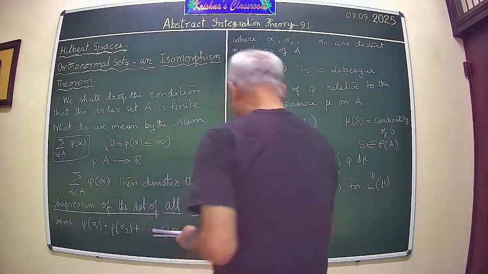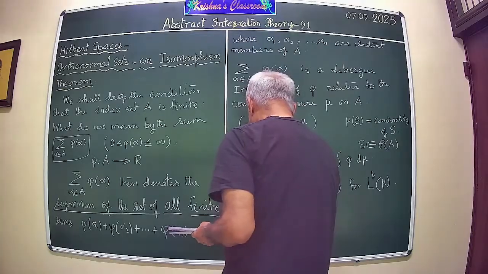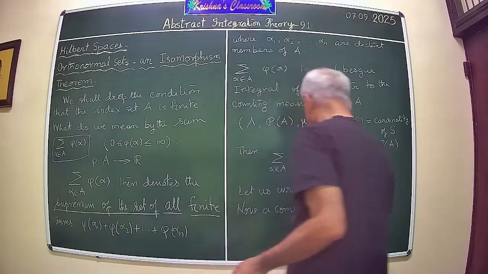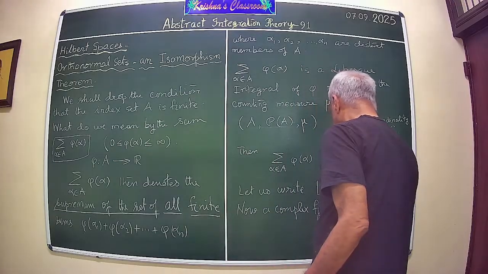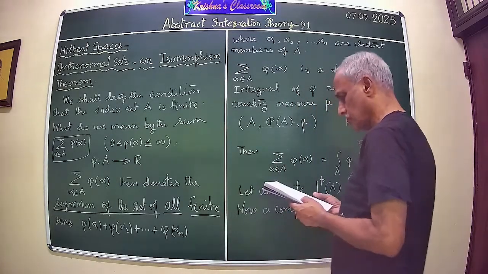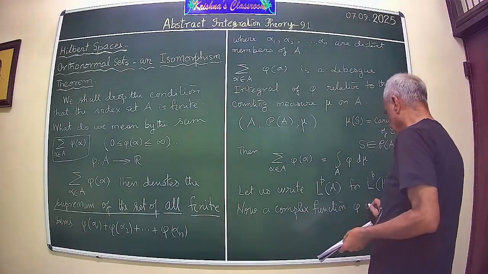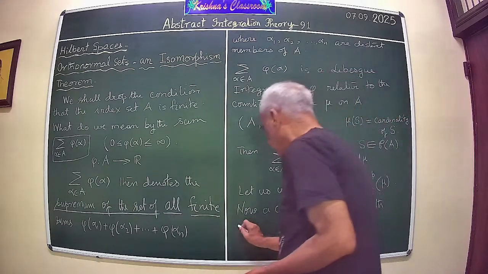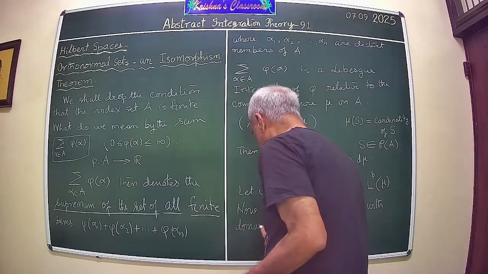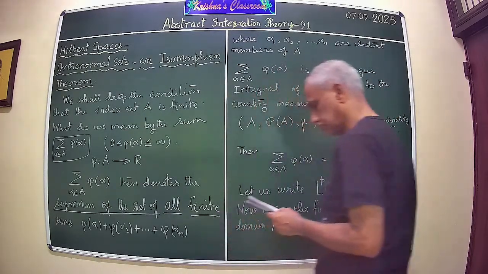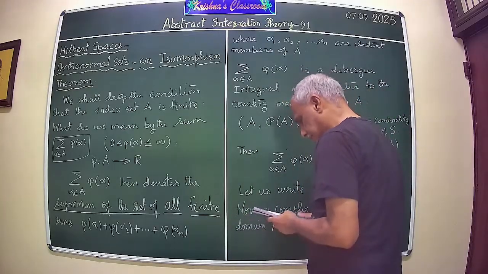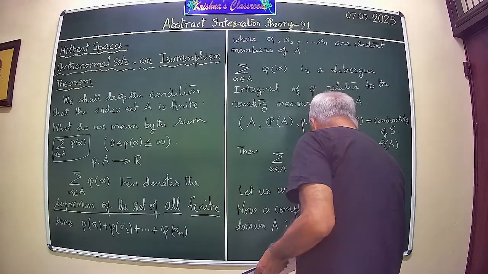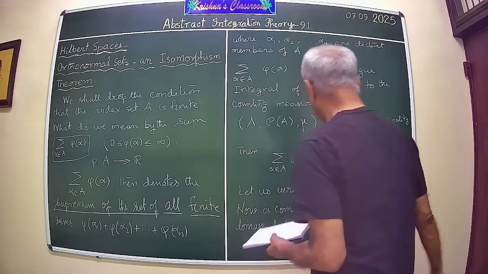Now a complex function phi with domain A is in L2(A). We are interested in L2, that is p equal to 2.